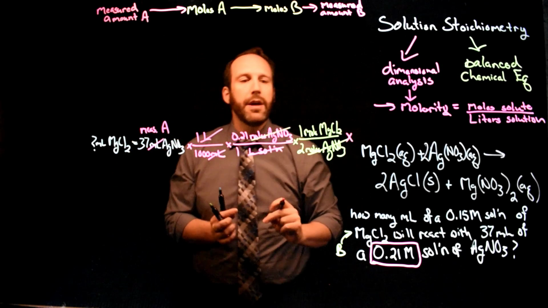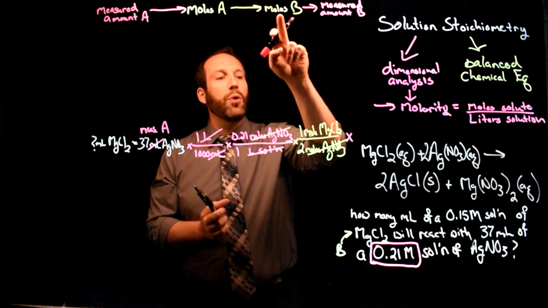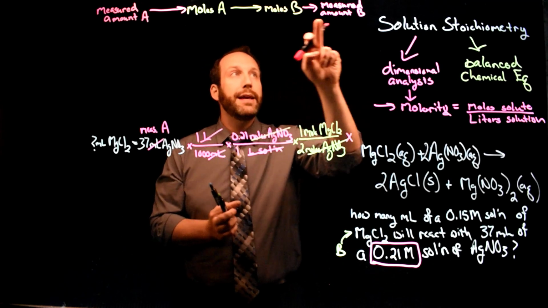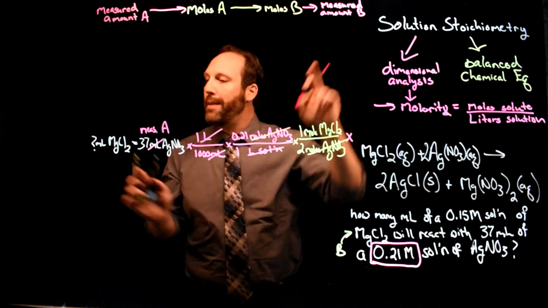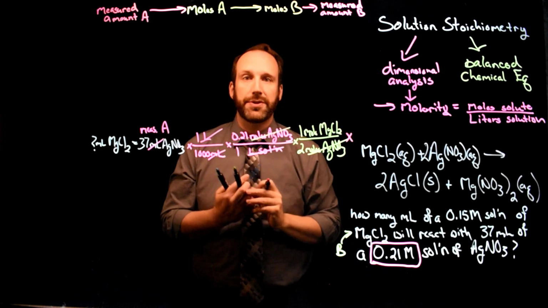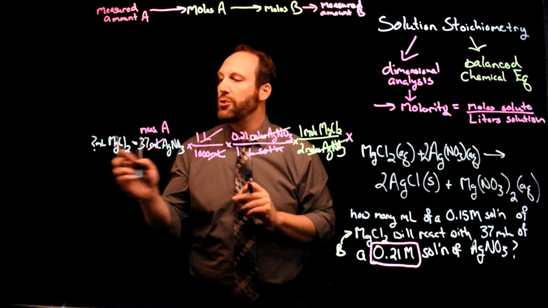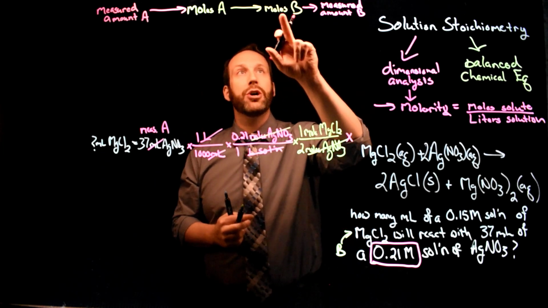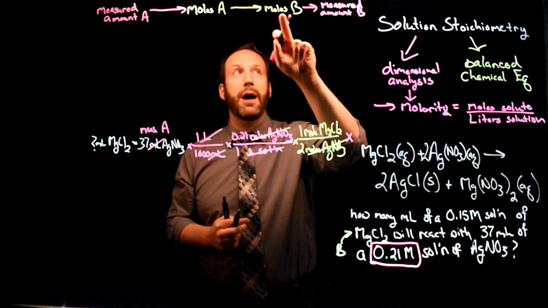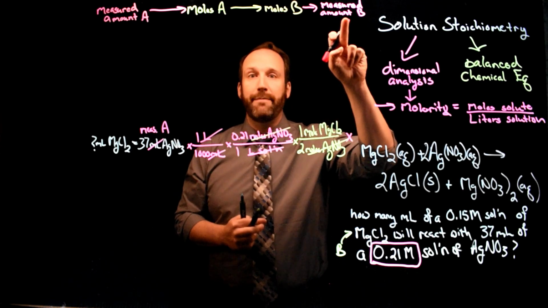Okay? So the next step is to go from moles of magnesium chloride into some measured amounts of magnesium chloride. Remember, in the end, I'm looking for milliliters of magnesium chloride, right? So I'm looking for a volume. So do I have some relationship that allows me to go from moles of magnesium chloride to volume of magnesium chloride?